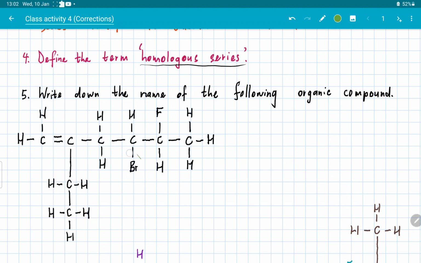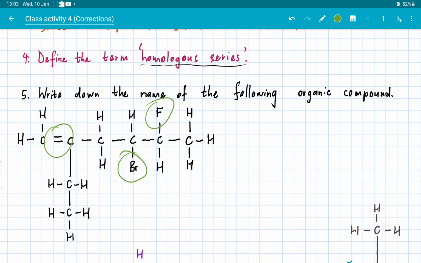So basically we have three functional groups. However, the double bond must take priority over the substituents, because remember halogens also count as substituents. So if ever there's a double bond or triple bond, prioritize it first.